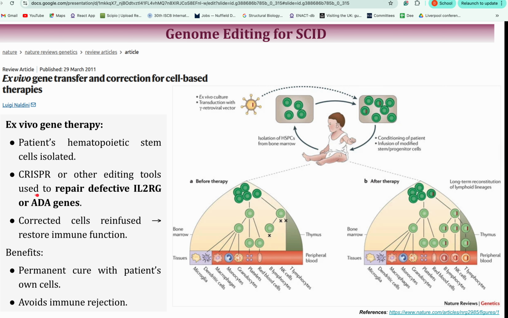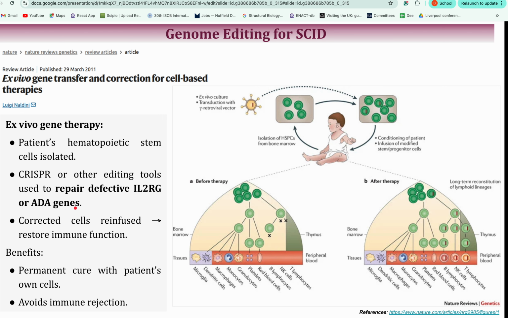CRISPR or other editing tools are used to repair the defective IL-2RG or ADA genes. Depending on the type of SCID, that is, which genes are affected, different therapies can be used. In this case, CRISPR or other editing tools such as ZFNs and TALENs can be used to repair the defective gene. So if there is an issue in the IL-2RG gene, or in the ADA gene, we can cure them.